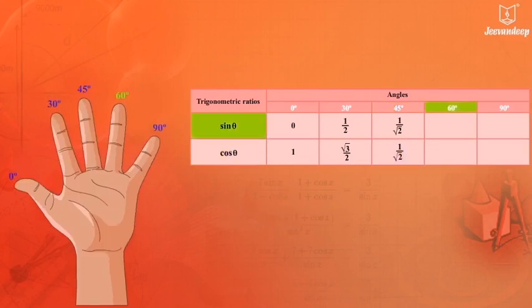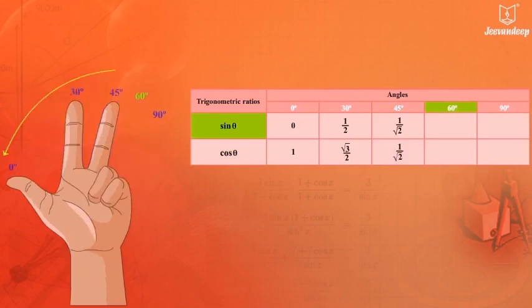For sin 60, count the number of fingers towards the left of the ring finger. It's 3, that is 3 upon 4. The square root of 3 upon 4 is root 3 upon 2. Hence, sin 60 is root 3 upon 2.